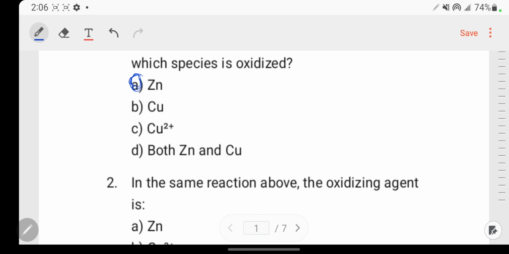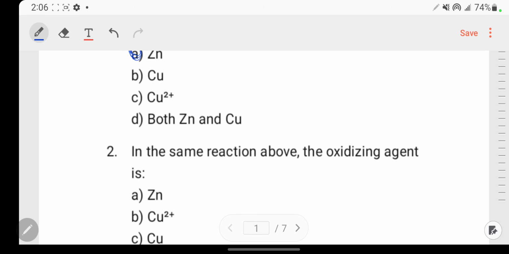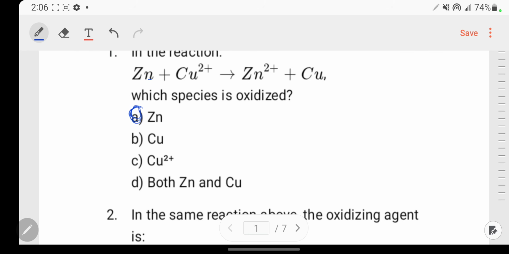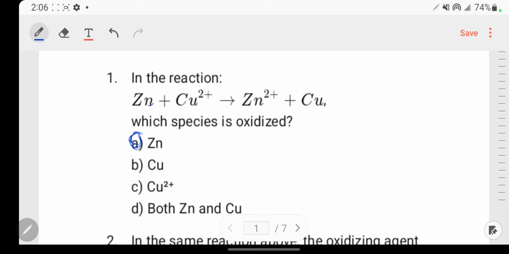For the second one, which says that in the same reaction above, the oxidizing agent. The oxidizing agent is the one that helps oxidize another substance but ends up being reduced. So you ask yourself which one is reduced between these two. The one that is reduced is Cu, because it has dropped from 2 positive to 0. If it's not showing, then it means the overall charge there is 0.